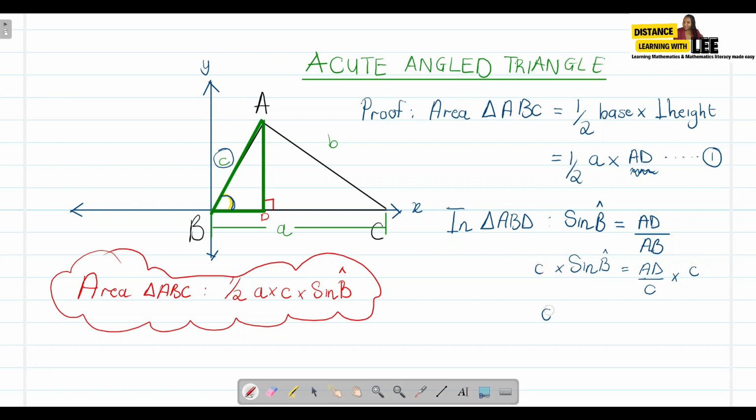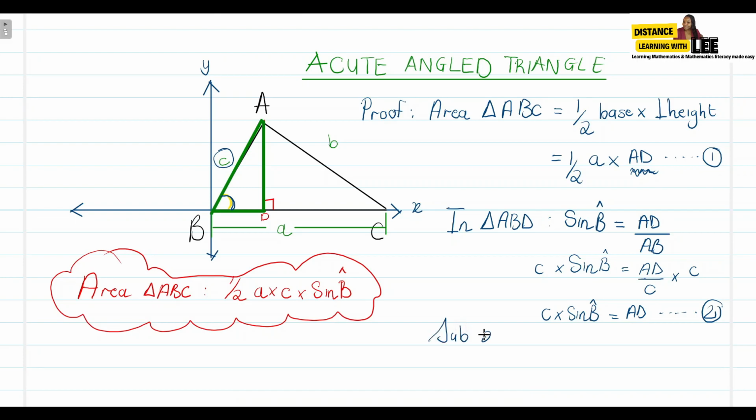Therefore, C times sine of B is equal to AD, and we'll call this our equation 2. All that's left is to substitute equation 2 into equation 1, and we would have proven our sine rule.